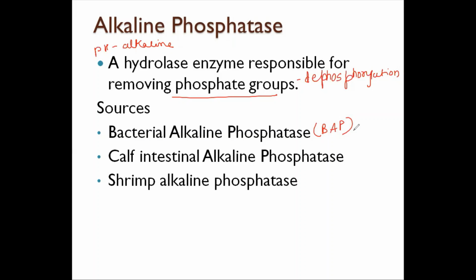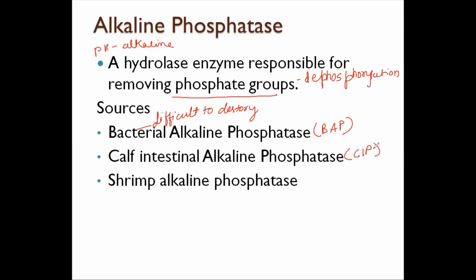It is the most active of the enzymes, but it is also very difficult to destroy, and the reason is that it is highly active. Then we have calf intestinal alkaline phosphatase, or CIP.